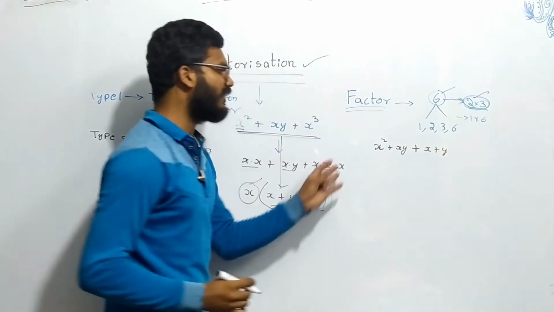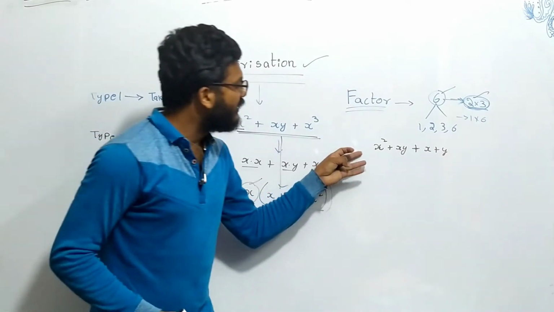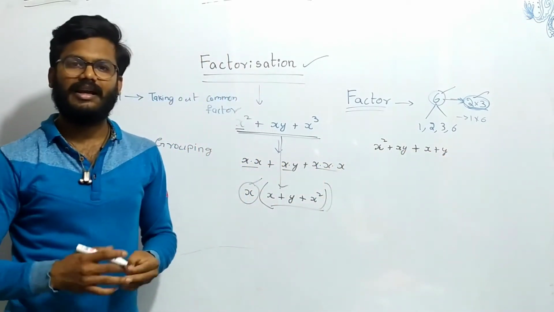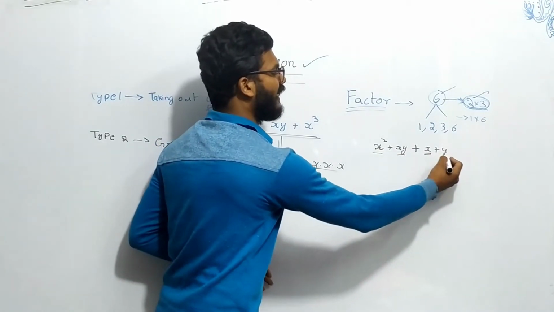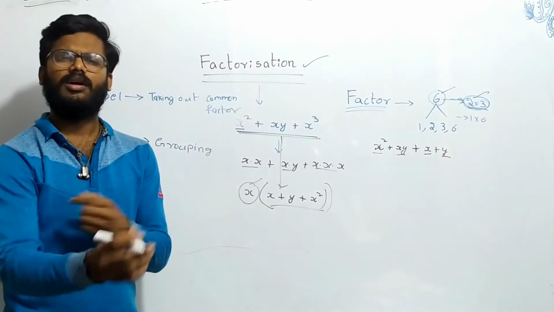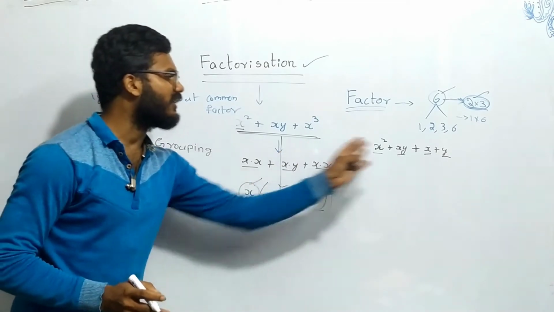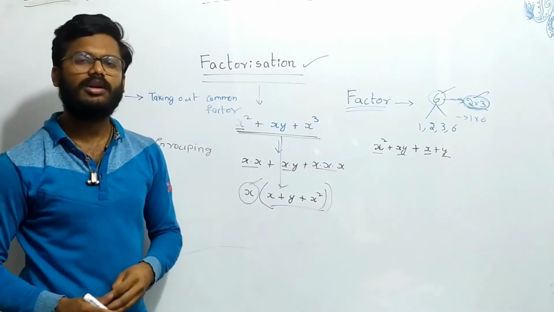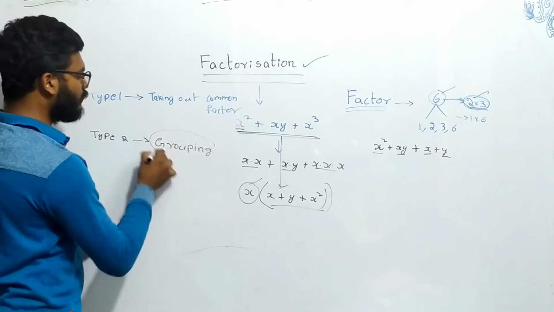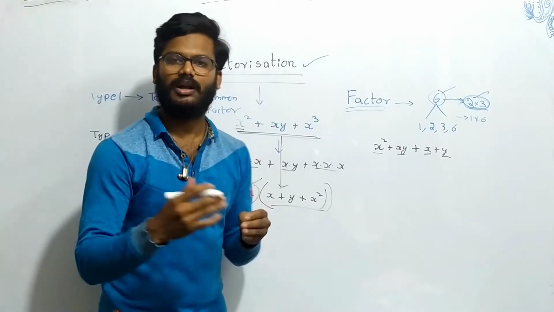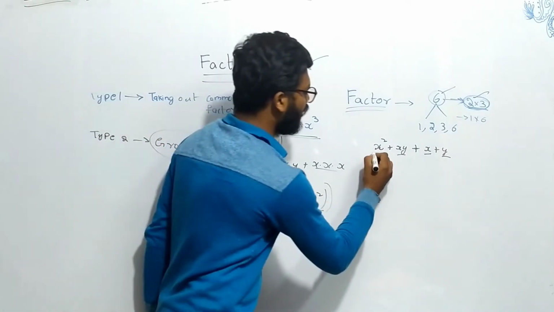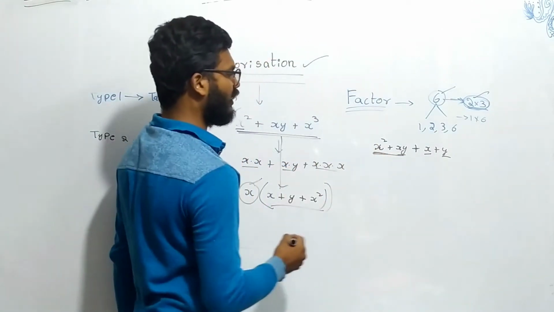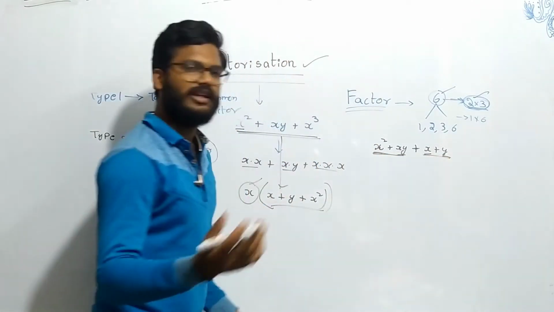See here, in each and every term there is not a common factor. Why? Because x into x and y are factors, x is a factor and y is a factor, so a single common factor is not there for all the terms. So now we have to group these into two or more such that we will get a common factor. See here, these two have a common factor, and these two have no common factor.